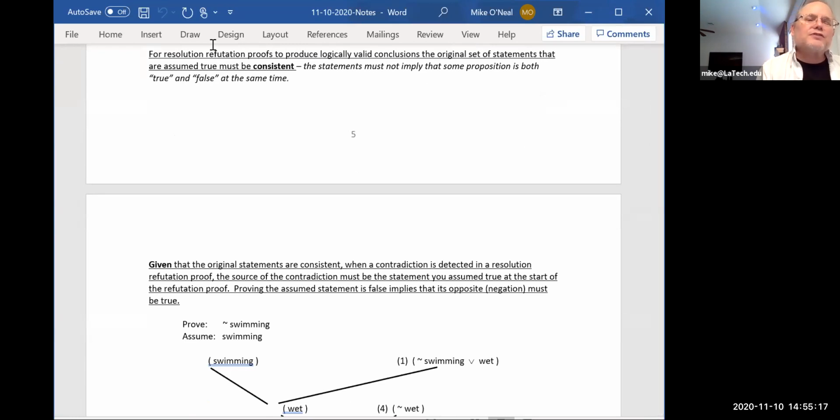resolution refutation proofs. I have said multiple times here, and I will repeat it one more time, for resolution refutation proofs to produce logically valid conclusions, the original set of statements that are assumed true must be consistent. The statements must not imply that some proposition is both true and false at the same time.